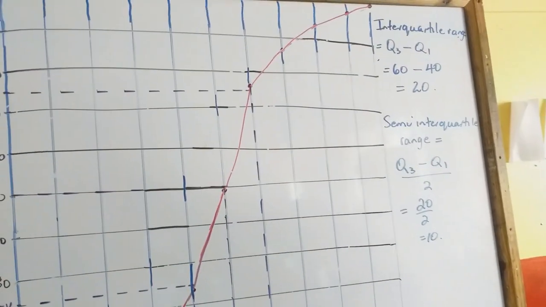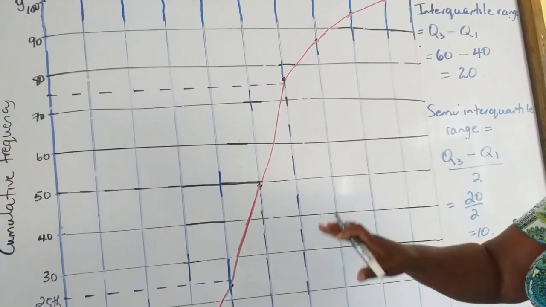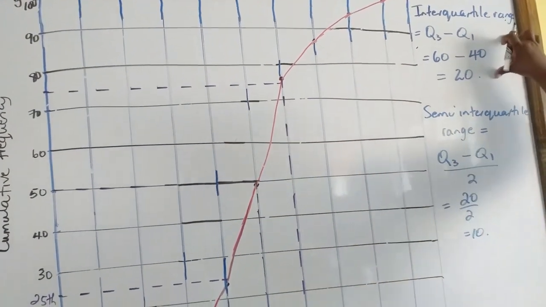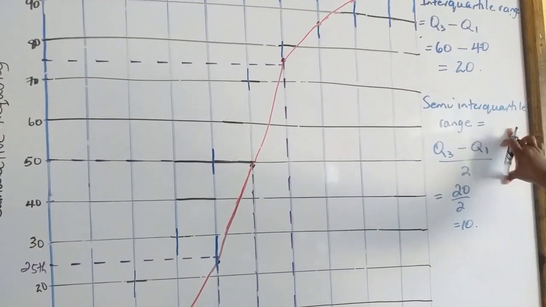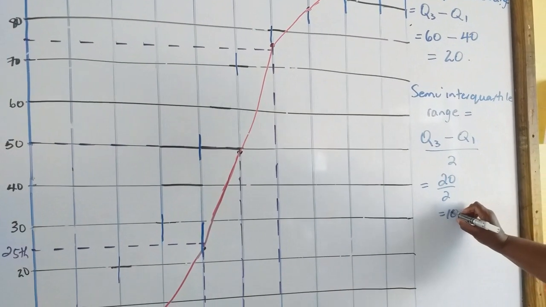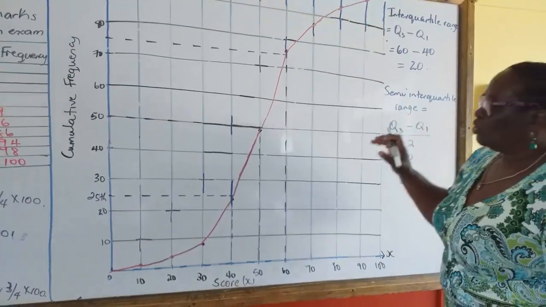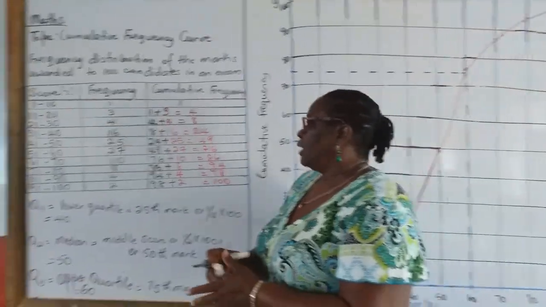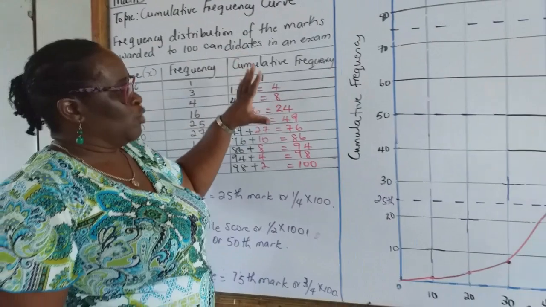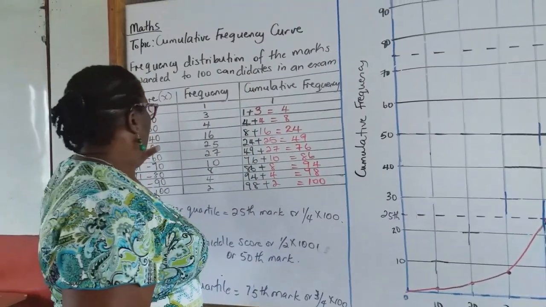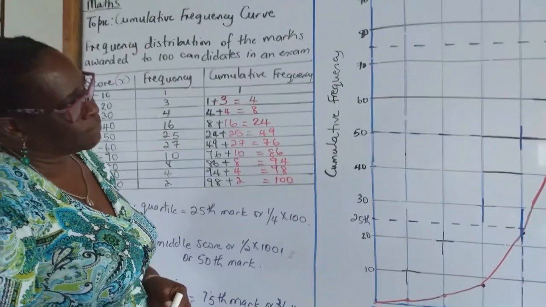So that is finding our upper quartile, lower quartile, median, interquartile range, and semi-interquartile range. That's basically what the quartiles are. And this is how you would plot the graph: by first completing the table, and then you plot the graph with the score against the cumulative frequency.